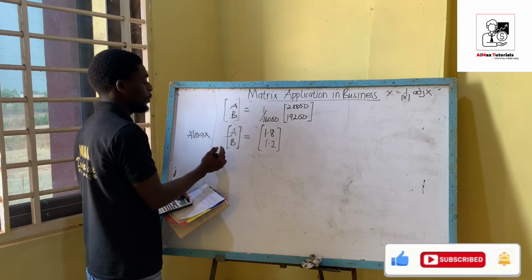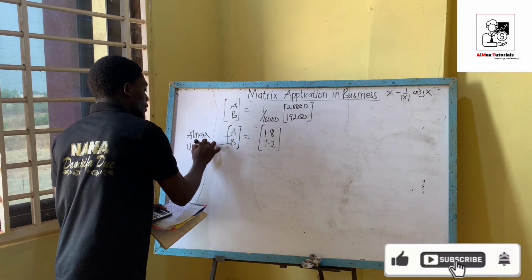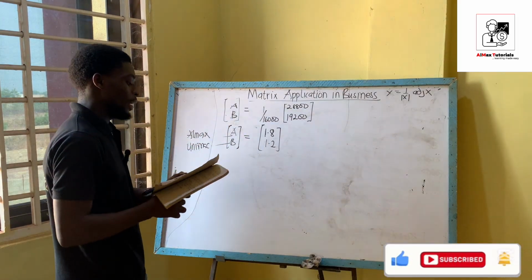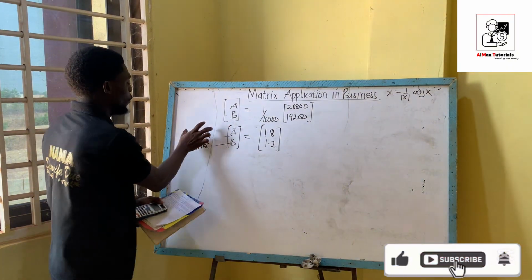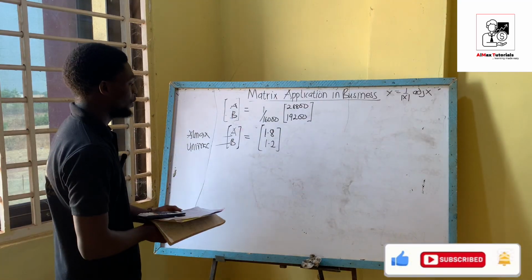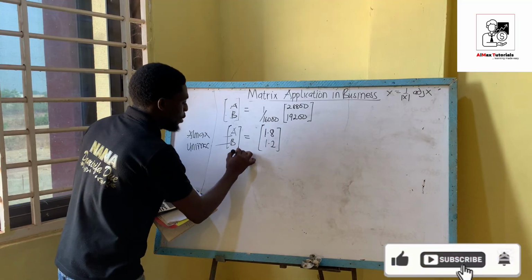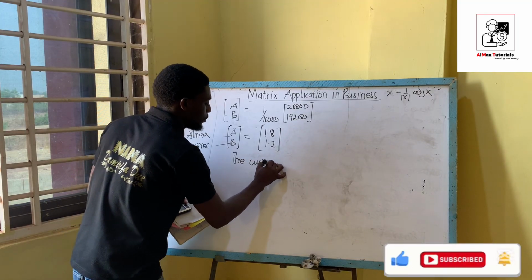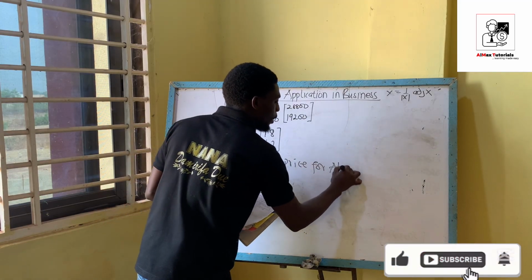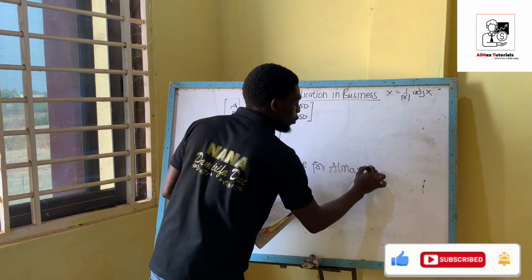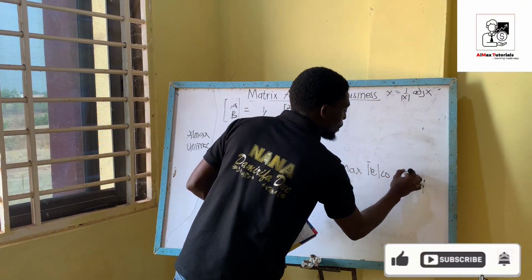Now, remember that at the start of the video we made A represent the Amax telecommunication company, and B represent the Unimac telecommunication company, and you were asked to find the current market price per share for the two companies. Now you conclude that the current market price for Amax is $1.8.